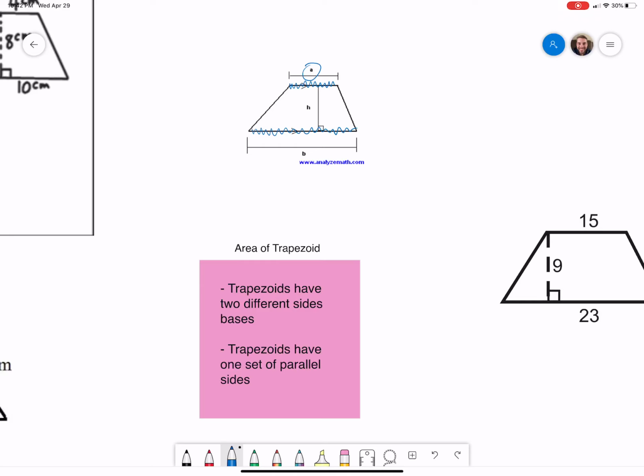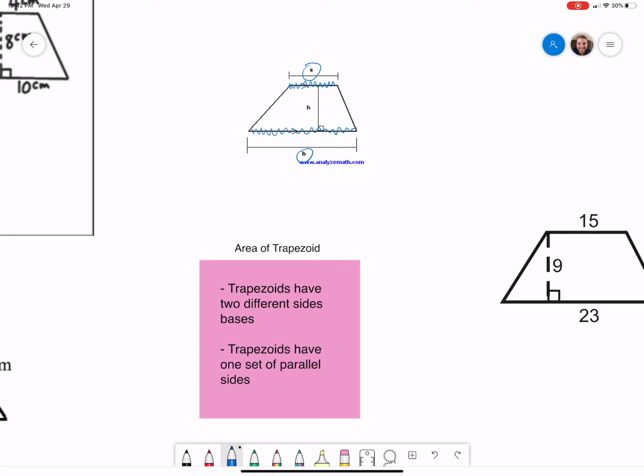They're going to look different. Unlike in a parallelogram, where they were the same size, in a trapezoid base A is going to be different than base B. And the other thing to mention is trapezoids have one set of parallel sides.